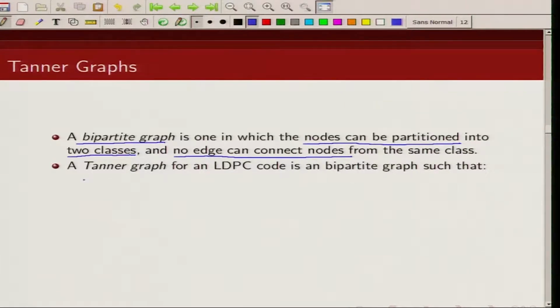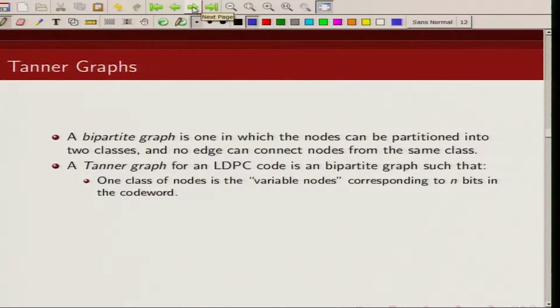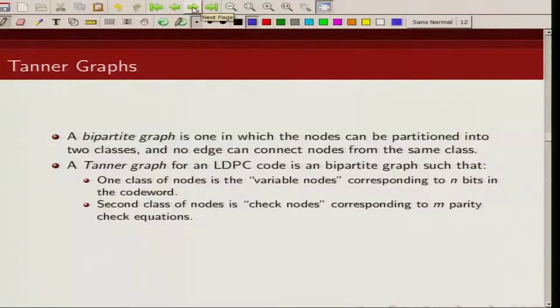Now, we can draw a bipartite graph for an LDPC code parity check matrix, and that is basically known as Tanner graph. So, the Tanner graph for an LDPC code is a bipartite graph which has two classes of nodes. One class of nodes which we call variable nodes, they represent the n bits of the code word, and the other class is what is known as check nodes.